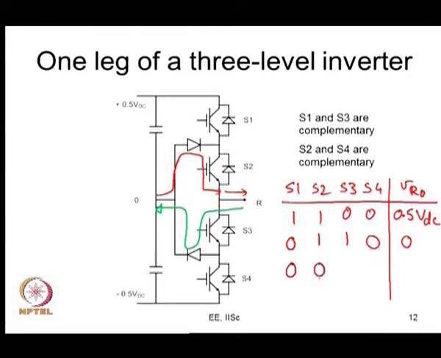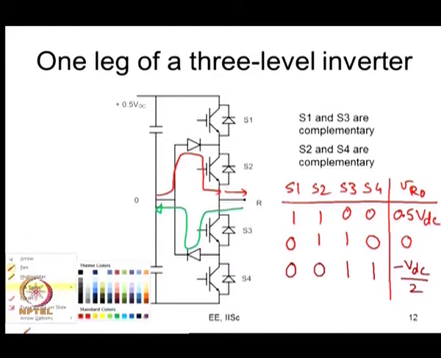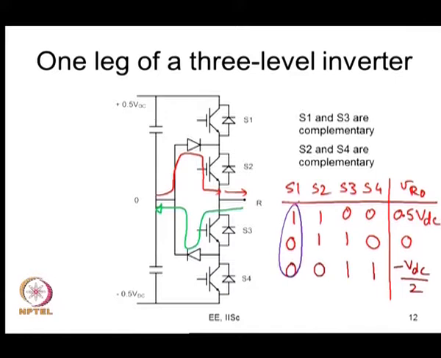If S1 and S2 are off, S3 and S4 are on, then you are going to get minus VDC by 2. These are the 3 different pole voltages, and you can very easily understand and quickly realize that this and this are complementary.